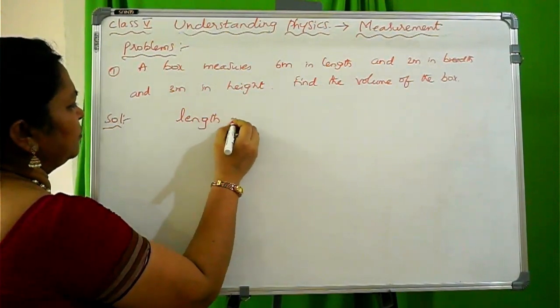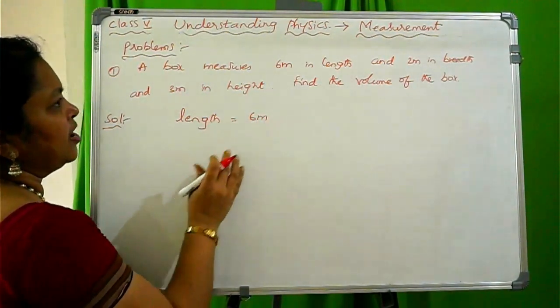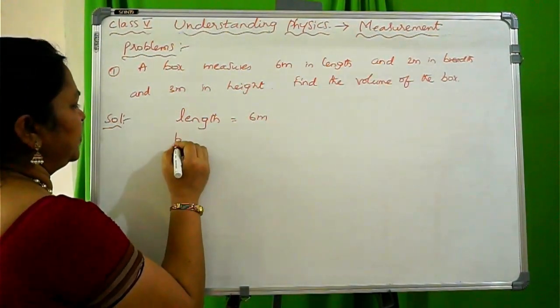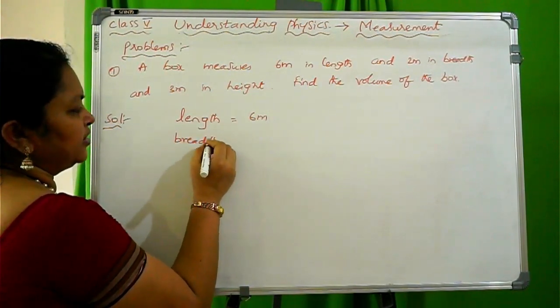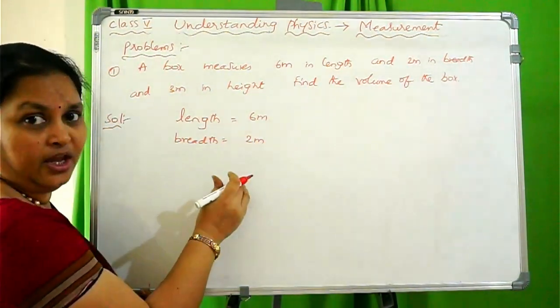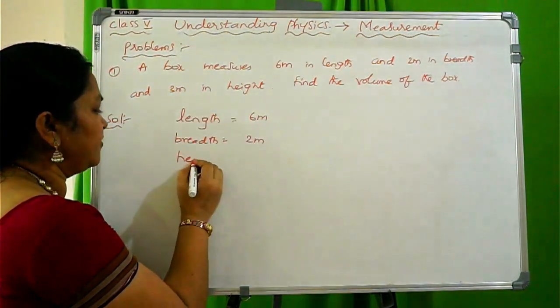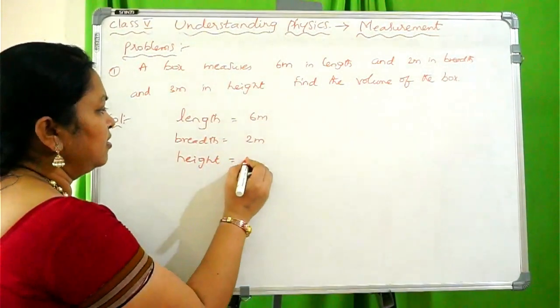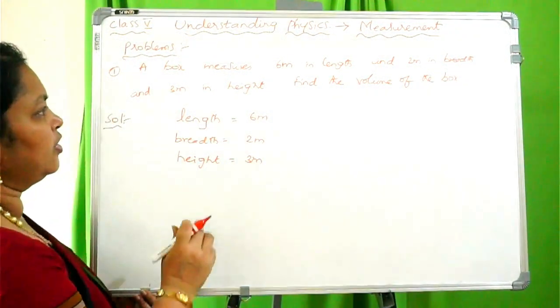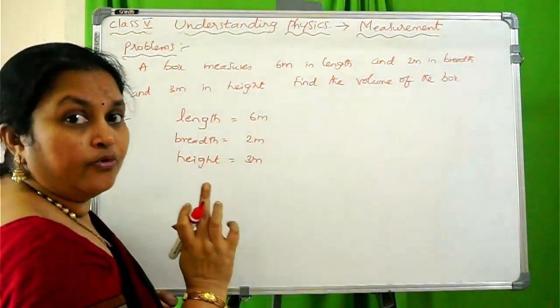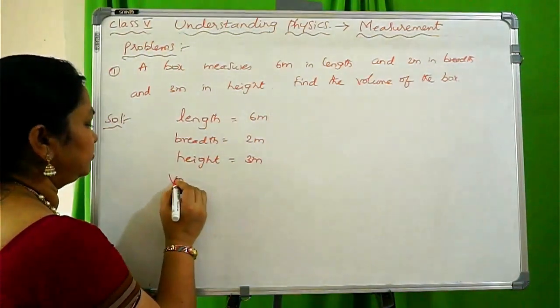Write in very short form. Length is equal to 6 meters. And 2 meters in breadth. Breadth is equal to 2 meters. And 3 meters in height. Height is equal to how much they have given? 3 meters. Now what are they asking us to find out? Volume of the box.